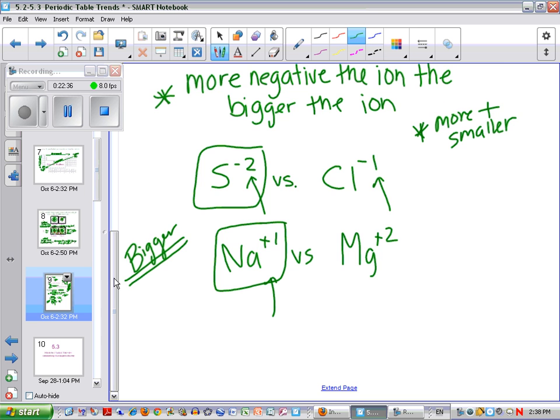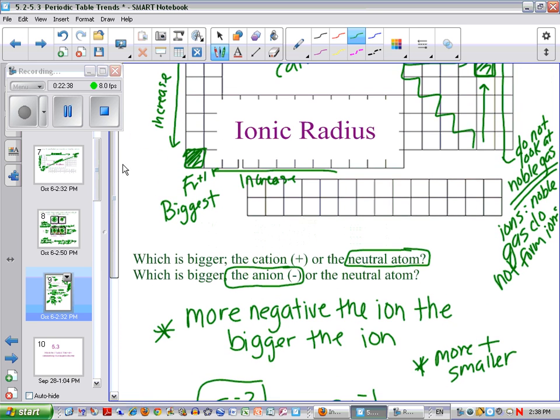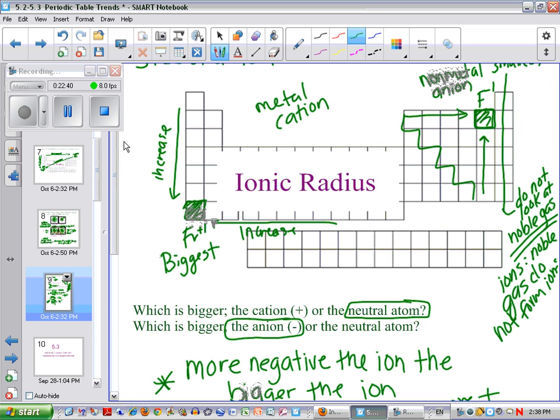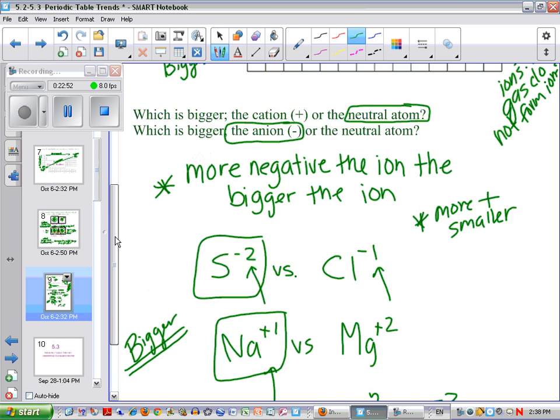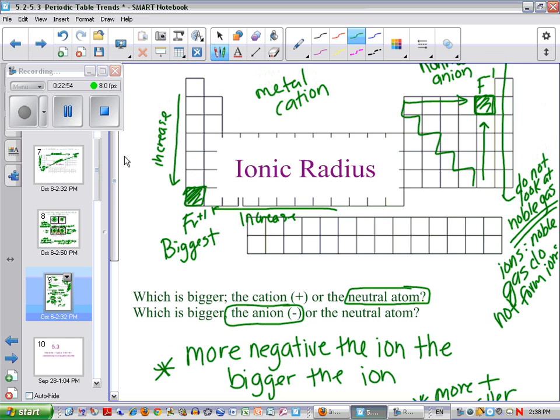If you're comparing things that have the same charge, for instance, something like sulfur with a -2 charge versus oxygen with a -2 charge, you're like, oh my gosh, how am I going to know which one of these is bigger? You're going to have to go back to that periodic table, right? So if oxygen's here and sulfur's here, and it gets smaller, it decreases going up and decreases going down.